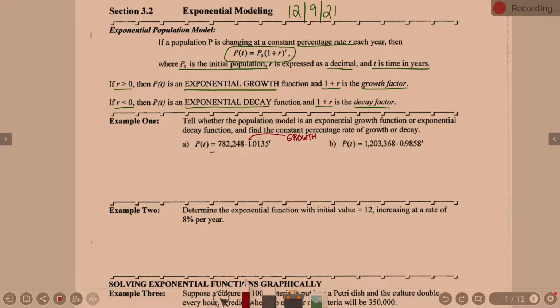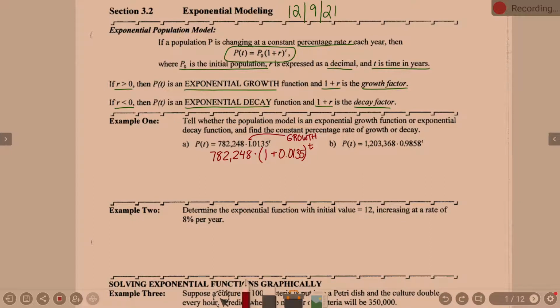If I rewrite this out and kind of expand it a little bit, 782,248 times, that's 1 plus what raised to the T? How could I rewrite that? 1 plus 0.0135.